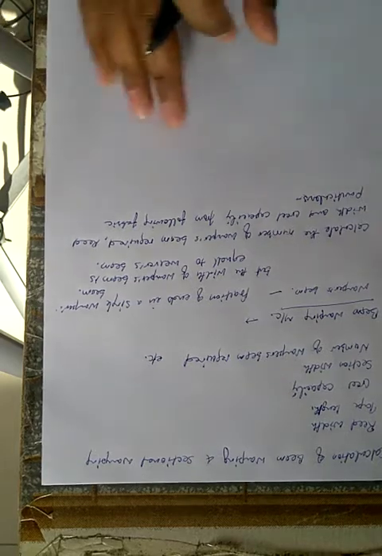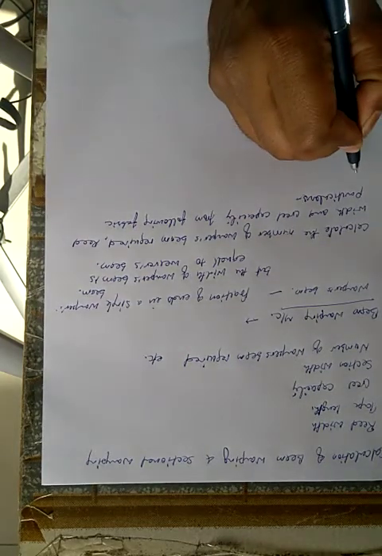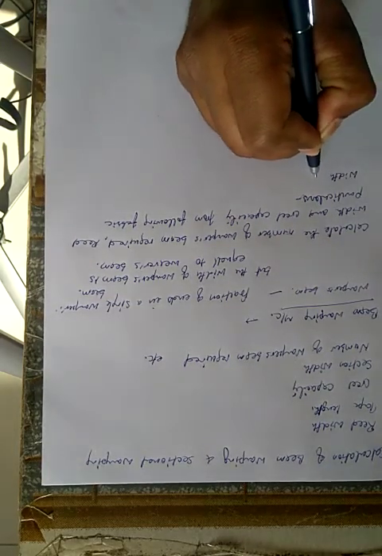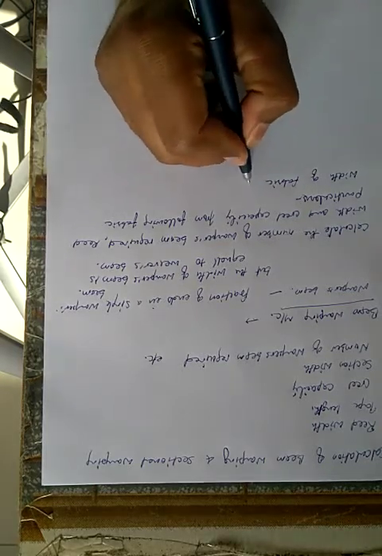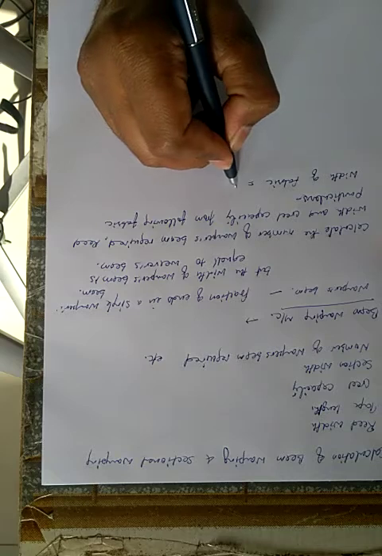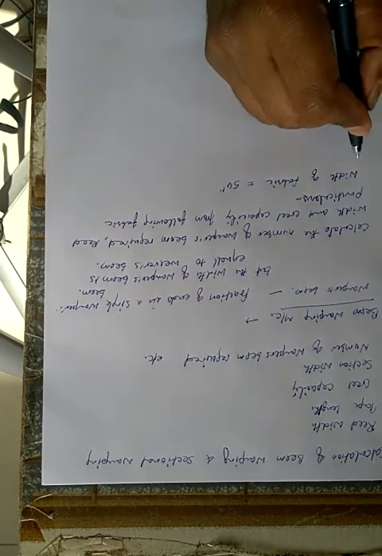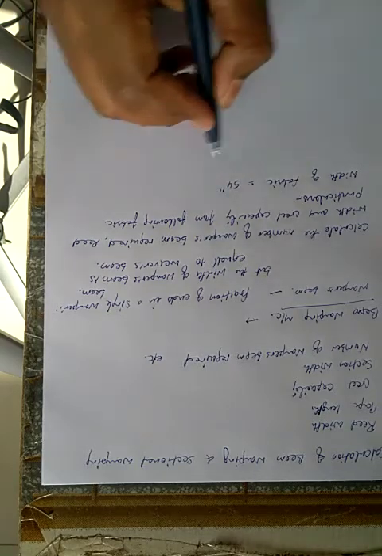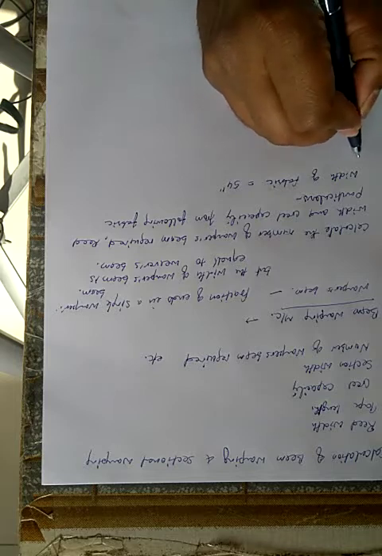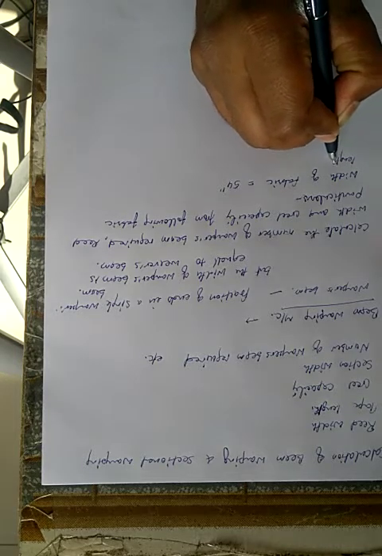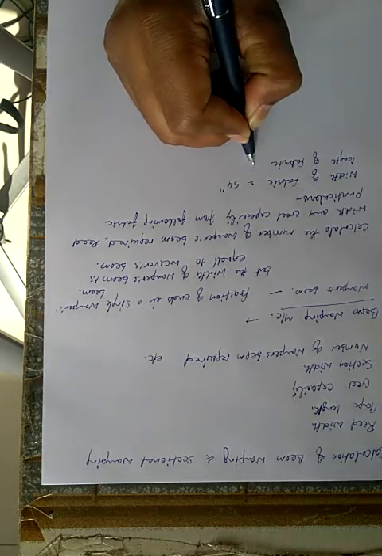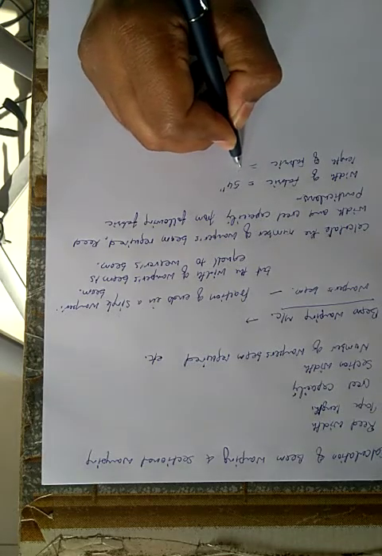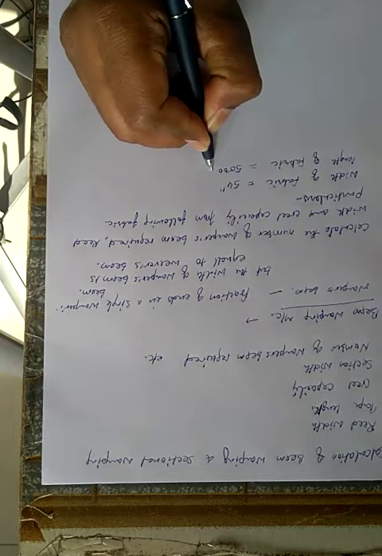So the fabric particulars are: width of fabric, here we can take 54 inches. Length of fabric, you can take 5000 meter.